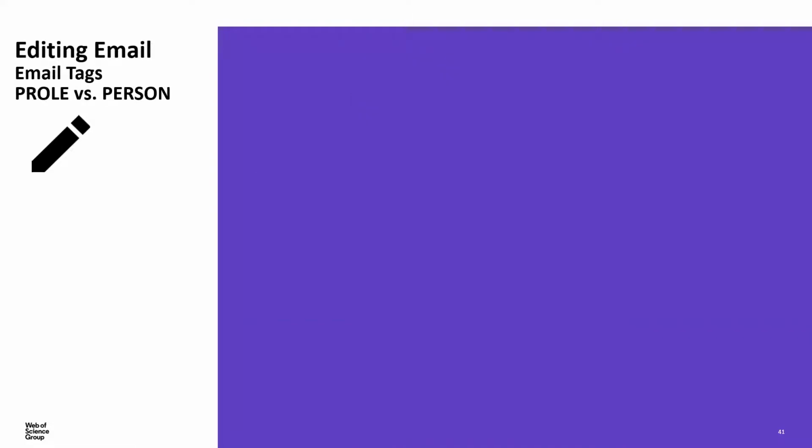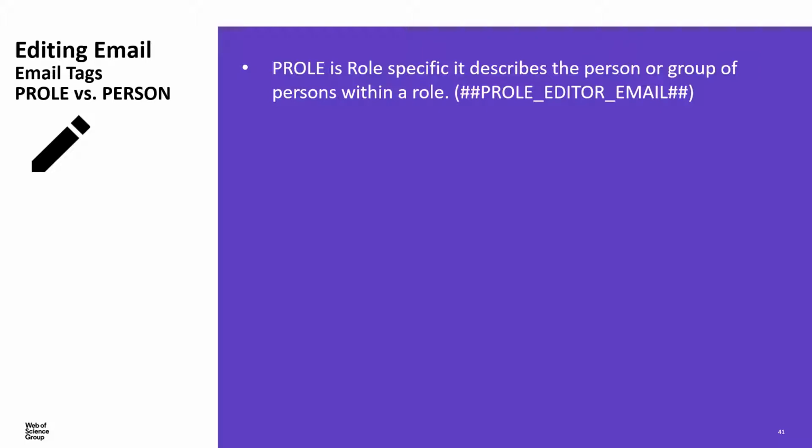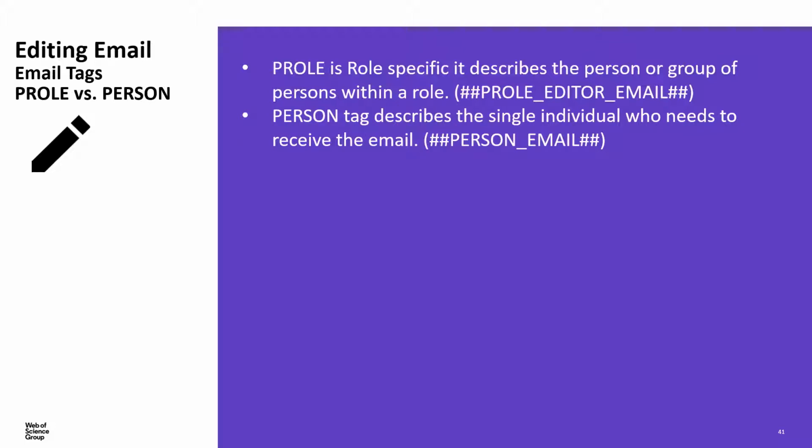When editing email templates, it is important to know the difference between the p-roll tag and the person tag. A p-roll tag is role-specific, and it describes the person or group of persons within a role, such as the p-roll editor email. Person tag describes the single individual who needs to receive the email.